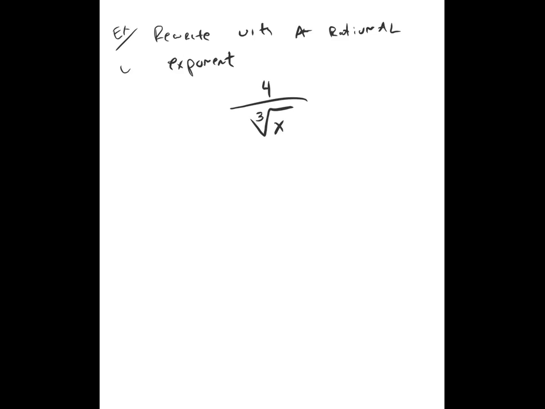All right. So really taking a look at this bottom part. I'm going to show that this x has a power of 1. Because now I can rewrite it, right? I can use my rule that says a to the power of m over n is the same thing like the nth root of a to the m.